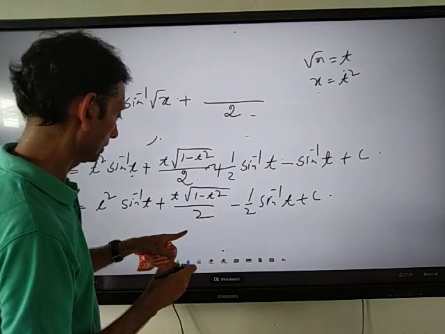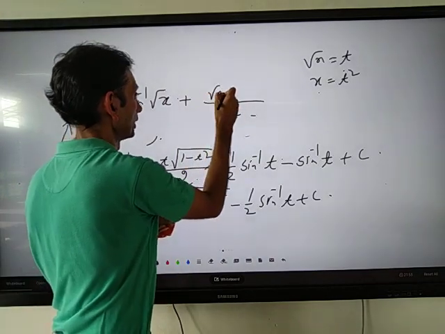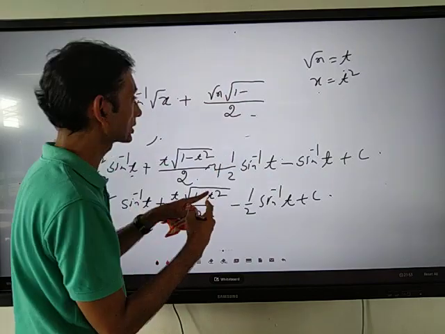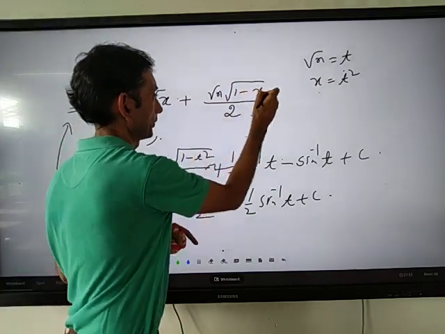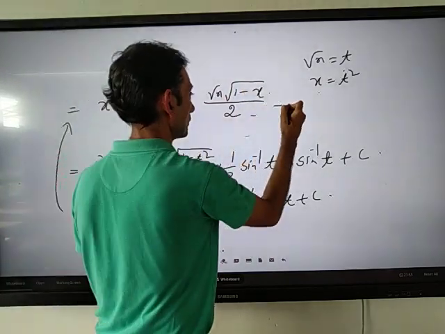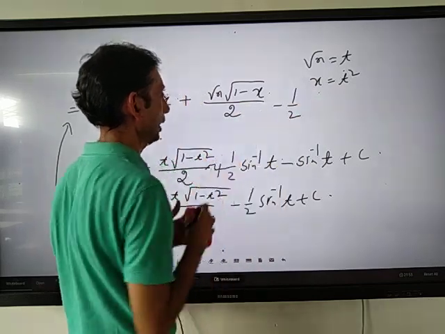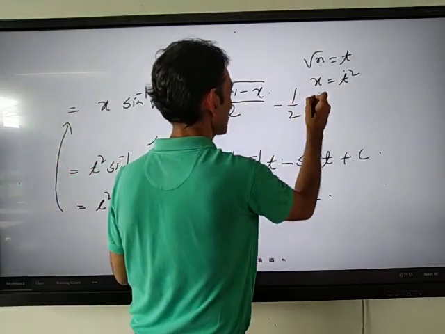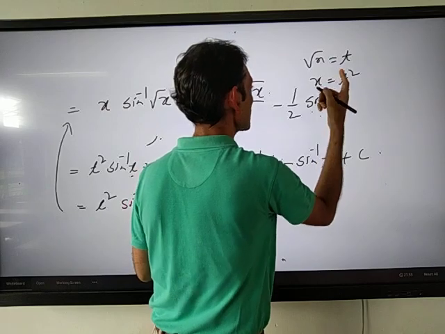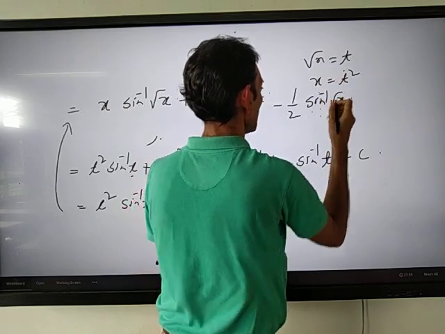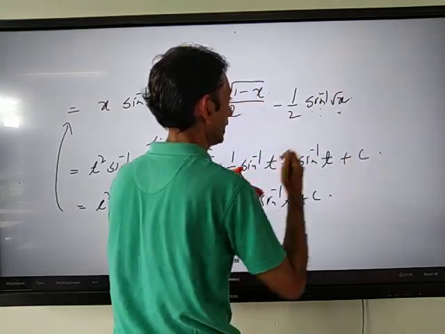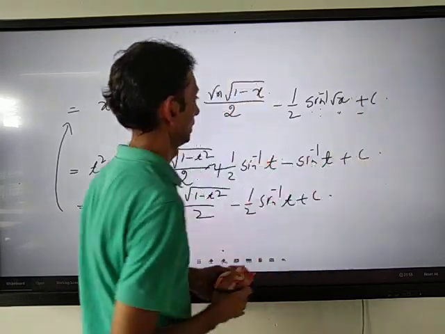What is the value of t? T value is root x, and under root t square is x. And minus half sine inverse t, that is sine inverse root x, plus c.